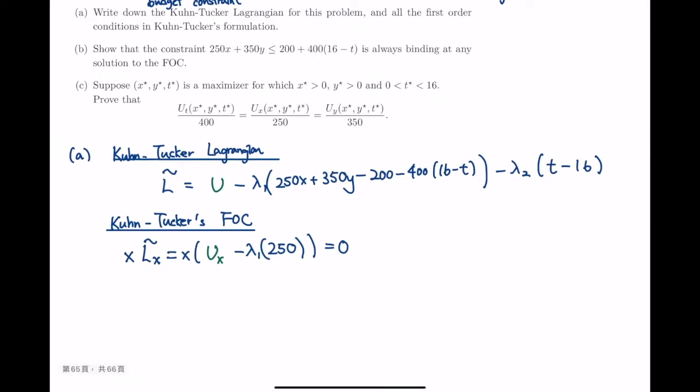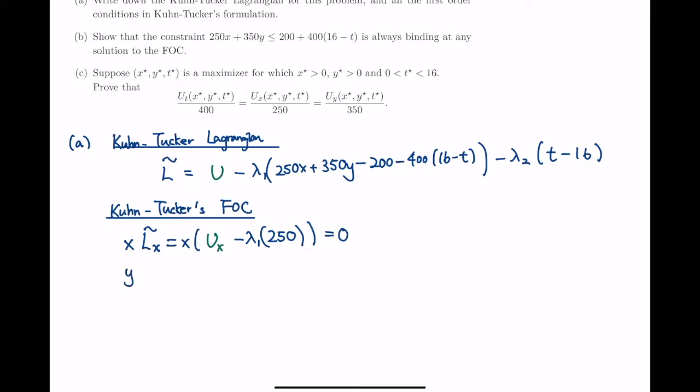And then you also need to do it for y. If you differentiate with respect to y, you get uy minus lambda 1 times 350, and then equals 0.